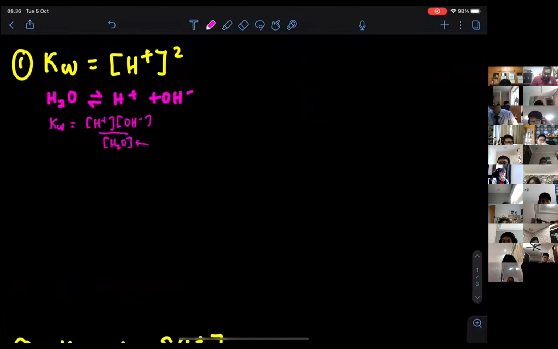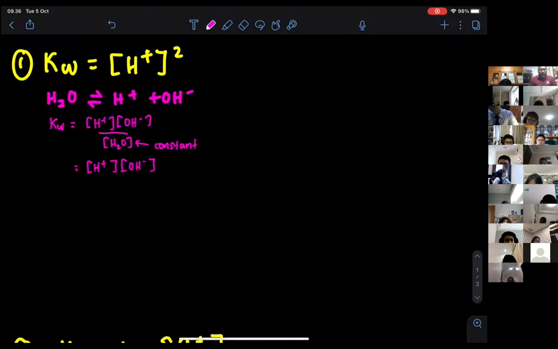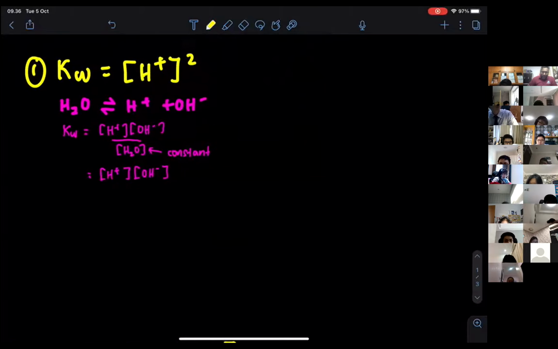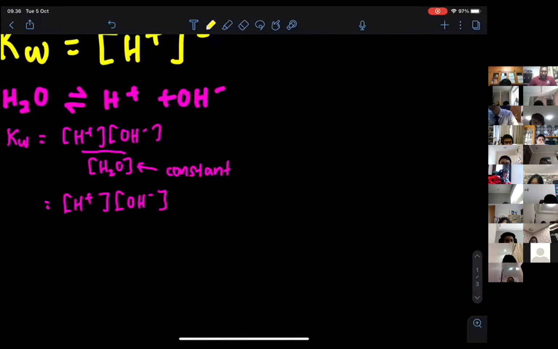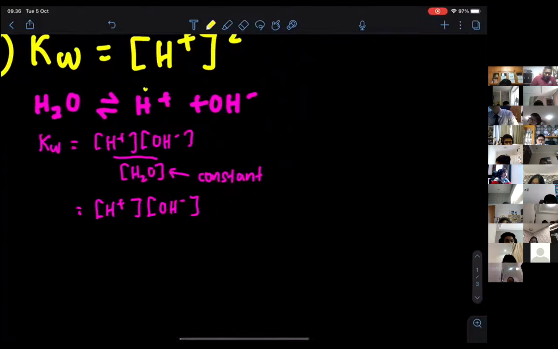But this concentration of water is constant. Because it is constant, we just take it as the concentration of H+ times the concentration of OH-. But always remember, when you have a partial dissociation, the number of moles of H+ and the number of moles of OH- must be the same.